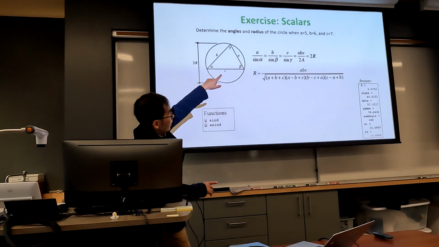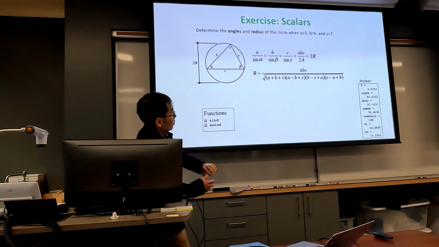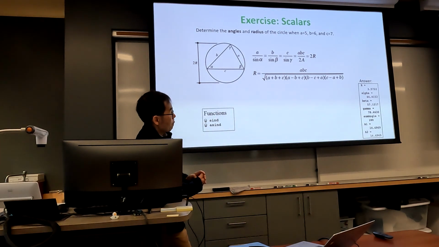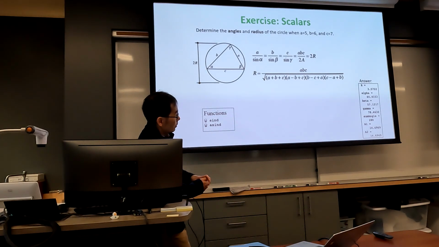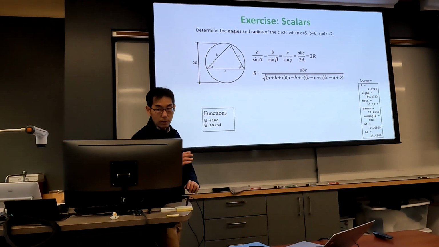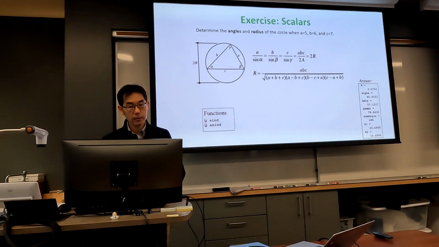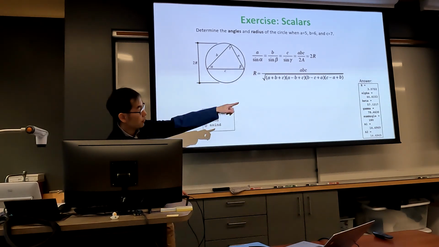A, B, C are given as 5, 6, 7. Using that information and this formula, try to get r. Type all the commands in a new editor. You can go to New here, click new editor, and start from there.